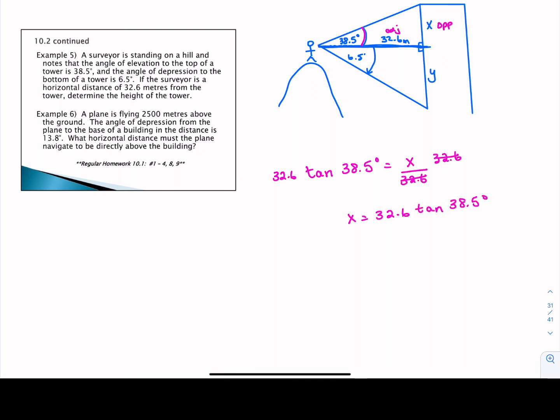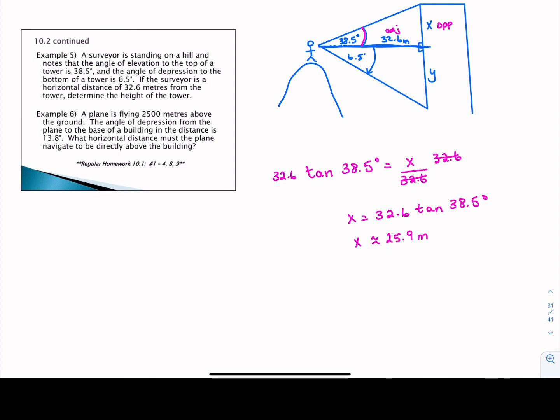So when we type that into your calculator, and you might want to double check these calculations or take your time when you're doing them, 32.6 multiplied by the tangent of 38.5 degrees gives us roughly 25.9. So X is approximately 25.9 meters in terms of height.